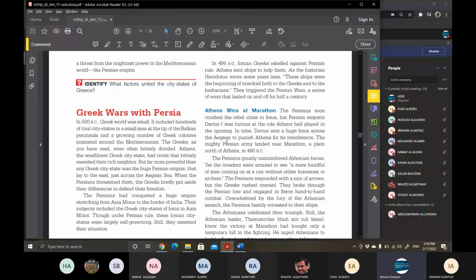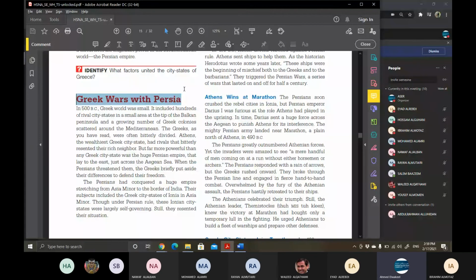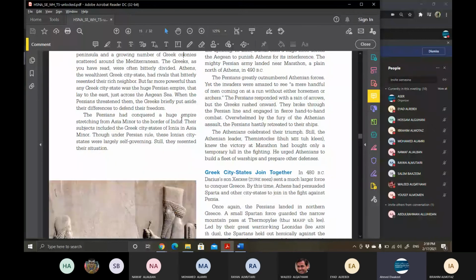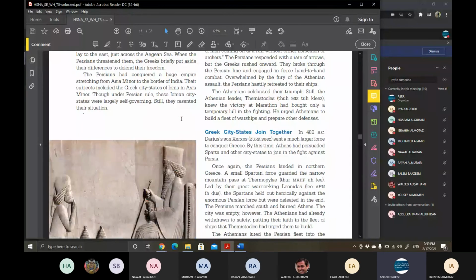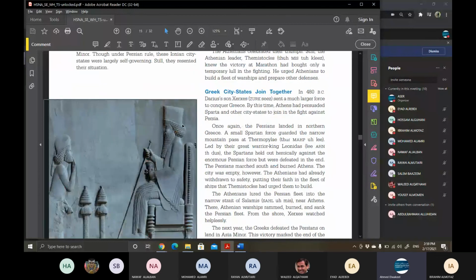And regarding the war with Persia, the thing that triggered the war was when Athens sent its fleet to help Ionia in its battle against the Persians. By that, Darius I became furious and felt insulted, and consequently he started marching toward Athens.